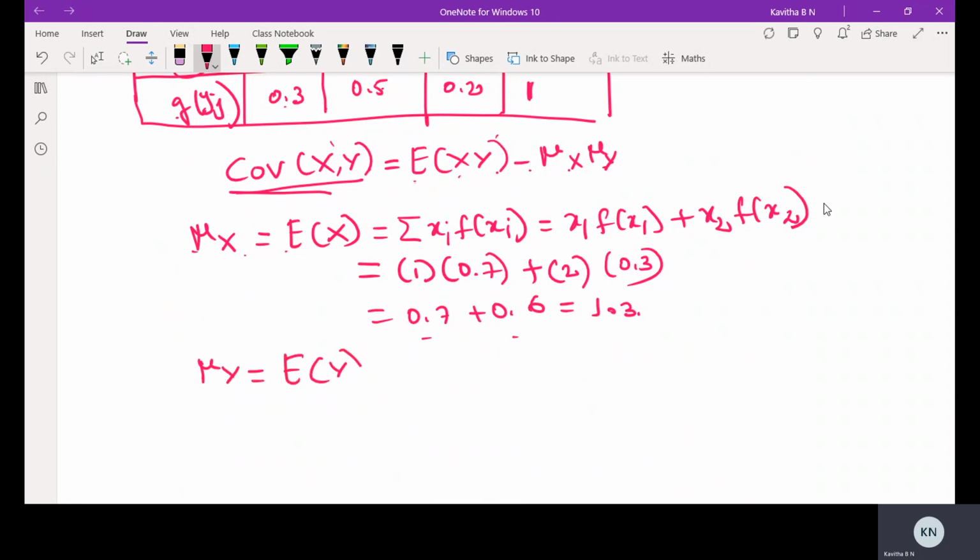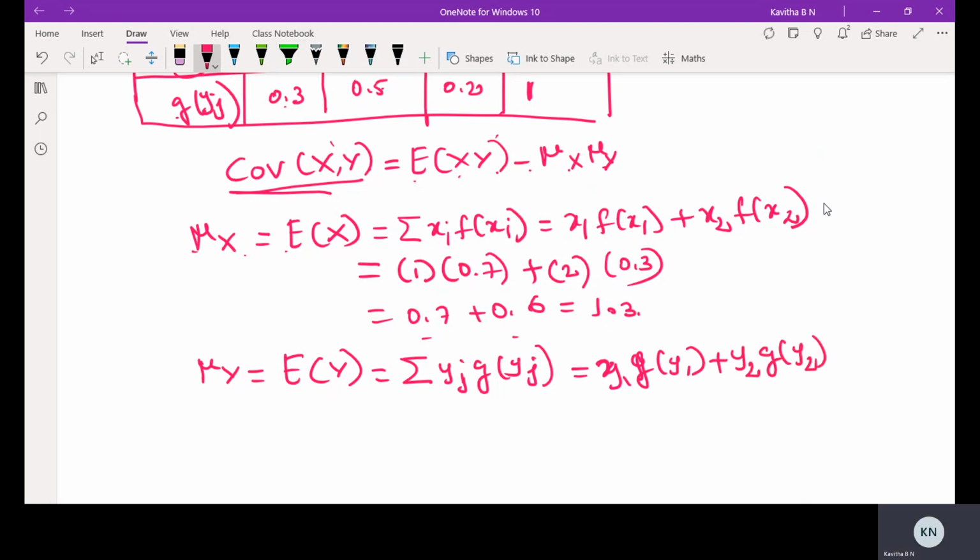E of y is equal to summation of yj into g of yj. Means y1 into g of y1 plus y2 into g of y2 plus y3 into g of y3.